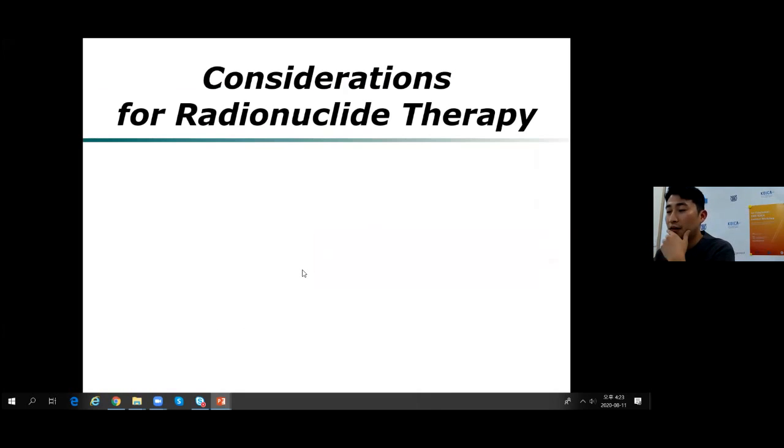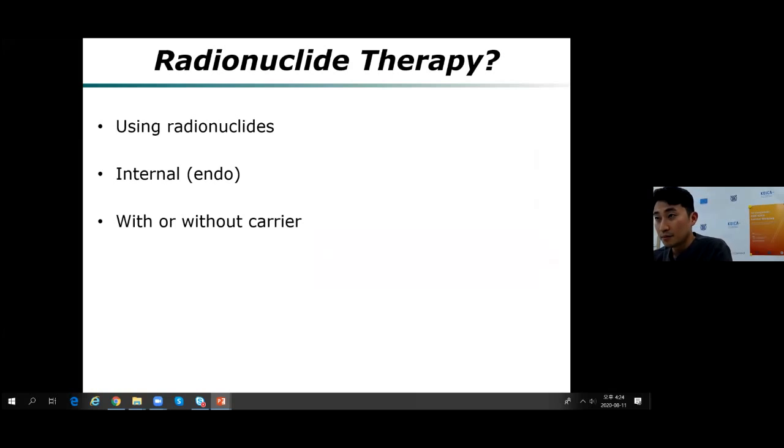This is the final subject in my presentation: some considerations for radionuclide therapy. Because radionuclide therapy uses radionuclides for therapy, we must choose an adequate radioisotope. Previously, Professor Lee and Professor Seo already discussed alpha particles and beta particles and which tumors they can be used for.